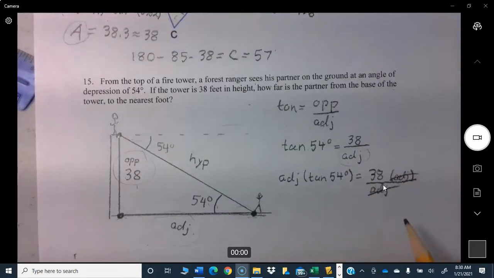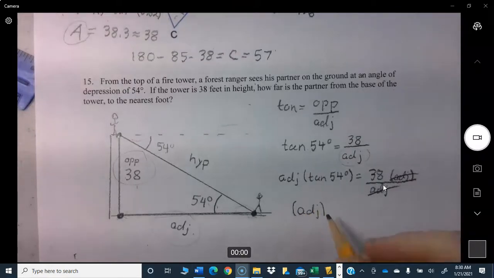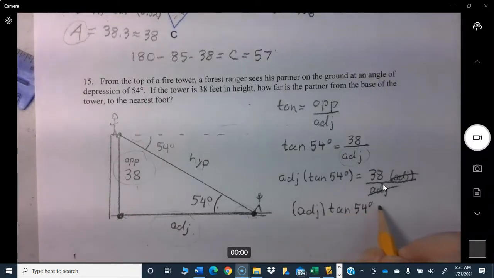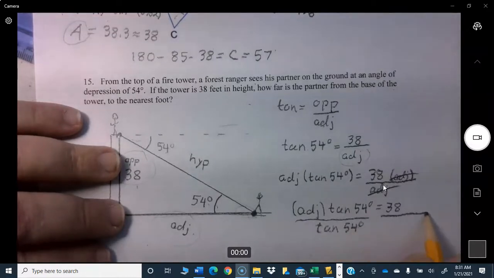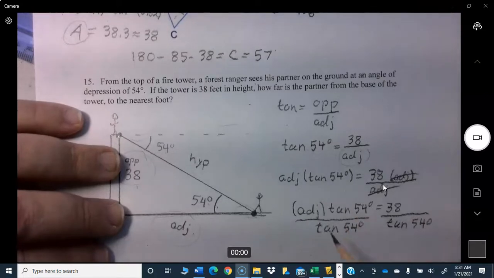These two cancel. Now I have to divide both sides by tangent 54. These two cancel. So I have adjacent all by itself right there.